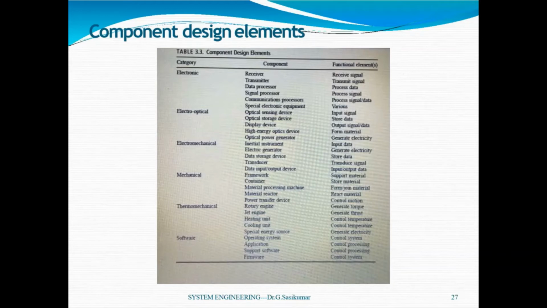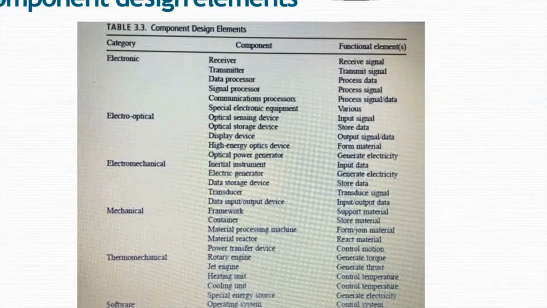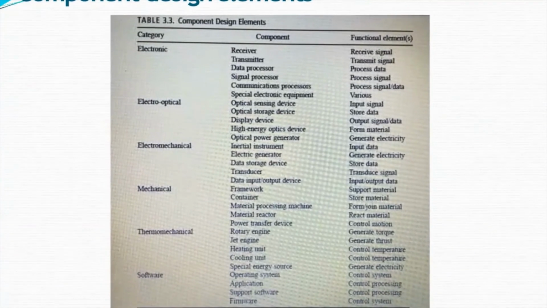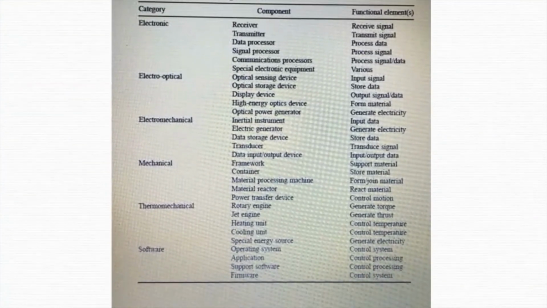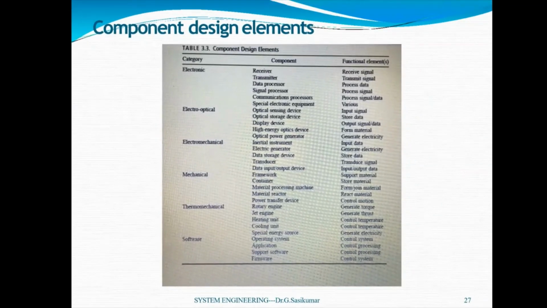Everything has different functions based upon the different fields and the different components. Okay. So these many components are listed in the PPT, which are used for different purposes. Okay. So all are having specific operation.